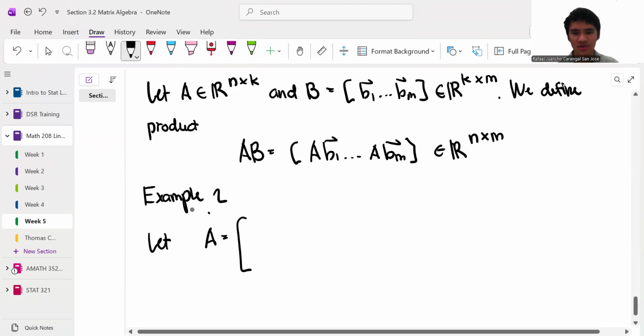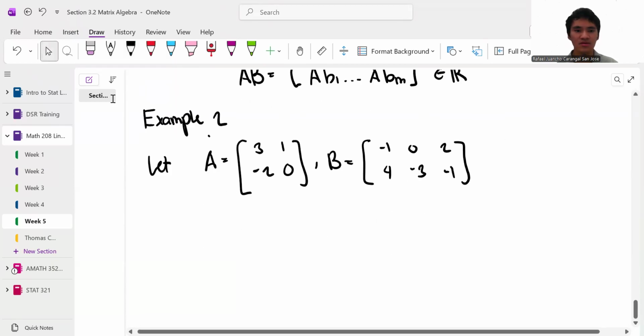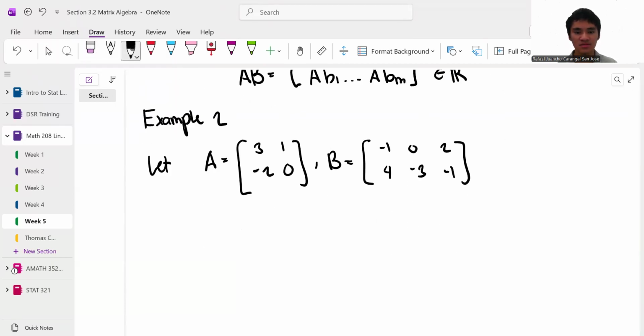So here we let A be a 2 by 2 matrix with these elements. B is a 2 by 3 matrix with these elements. Okay. And the idea is we want to multiply these two.